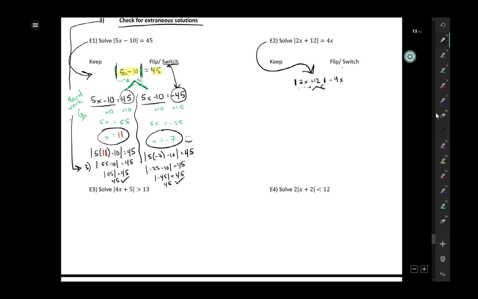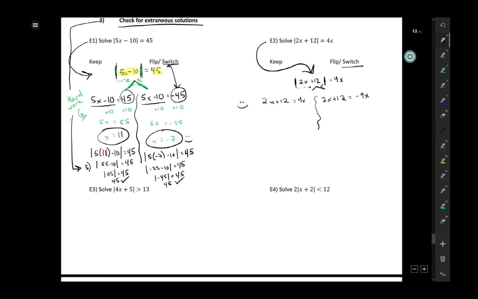You're still going to switch. You're still going to keep everything inside the same. All right, so your two problems: 2x plus 12 is equal to 4x, and 2x plus 12 is equal to negative 4x. And I'll let you finish that one.